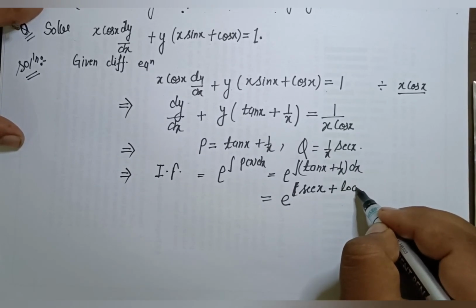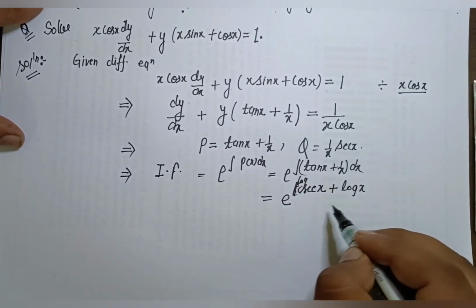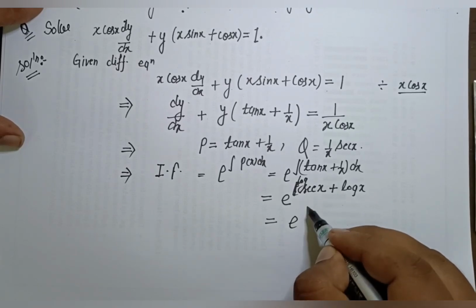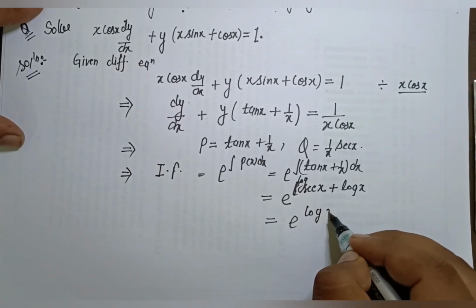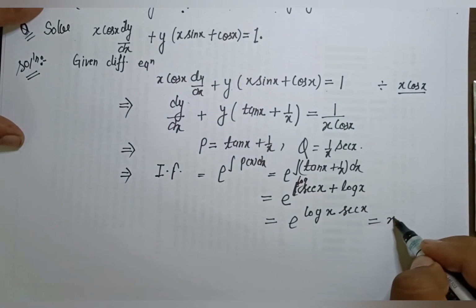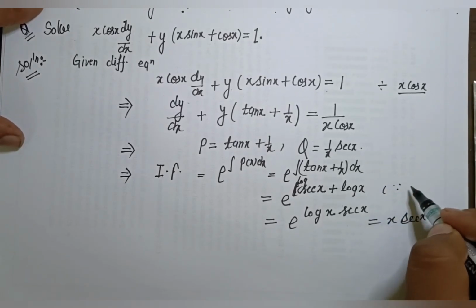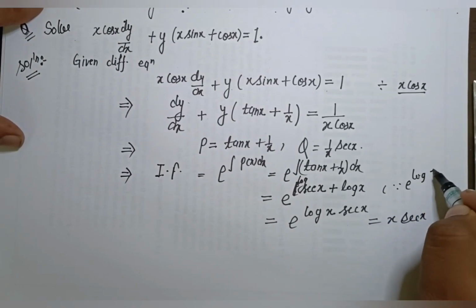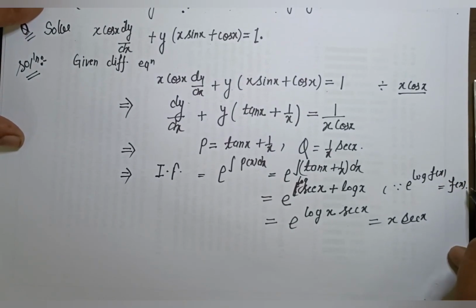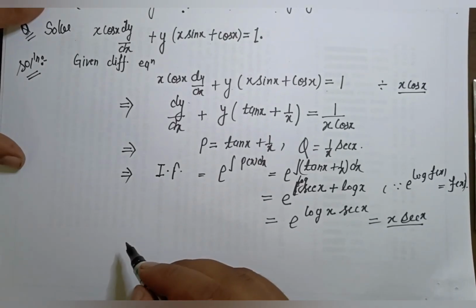It is log x. So you can write it as e to the power log (x sec x). So it can be written as x sec x by the property e to the power log f of x equals f of x. So you have the integrating factor as x sec x.